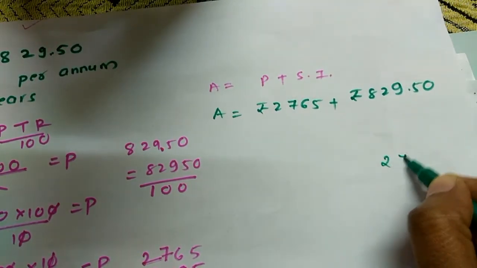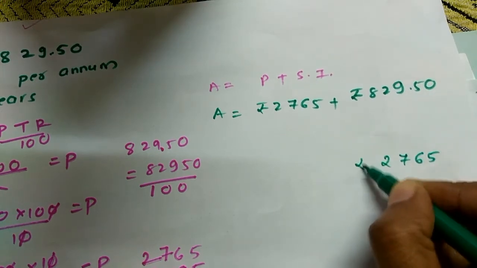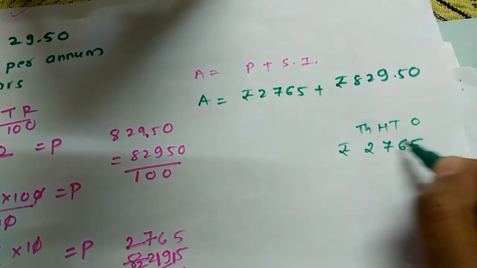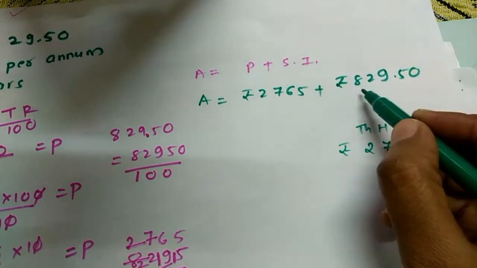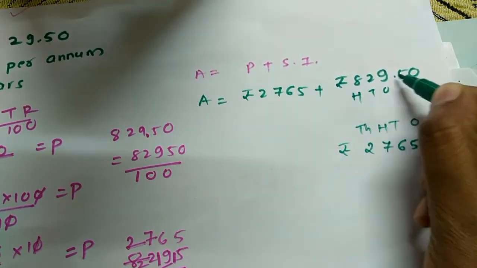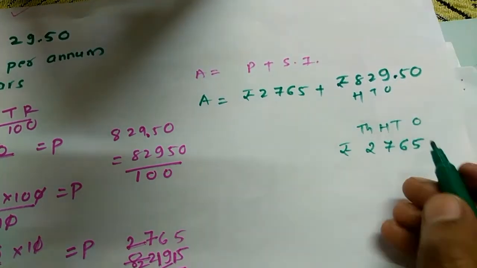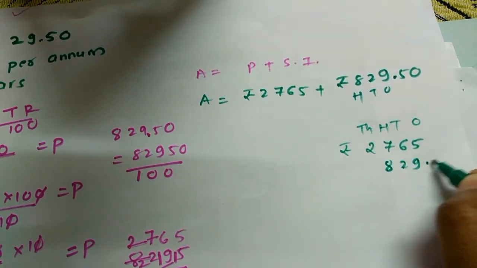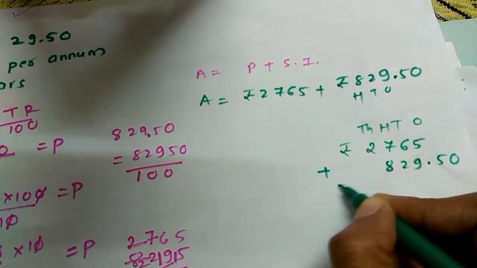Here also many students go wrong. So this is ones, tens, 100 and 1000 place. Remember, if you see the place value chart, 829 comes in ones, tens, 100, and after that it will come in decimal part. So write 829. Don't write 8 here. 0.50. And this you have to add.